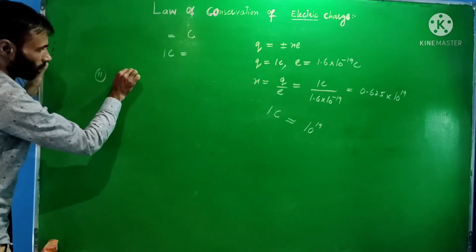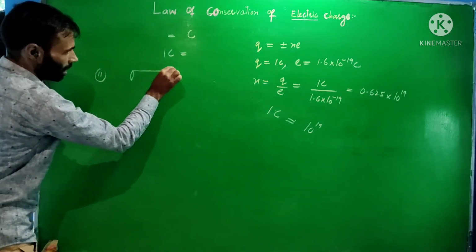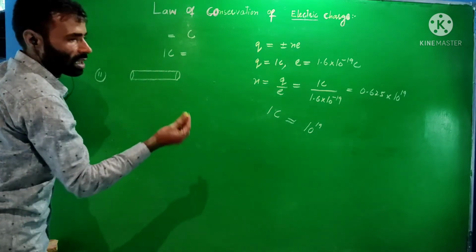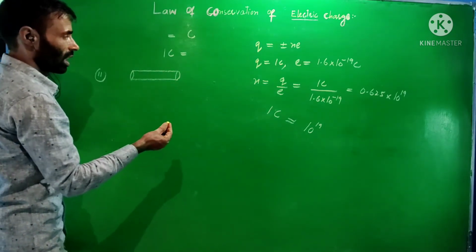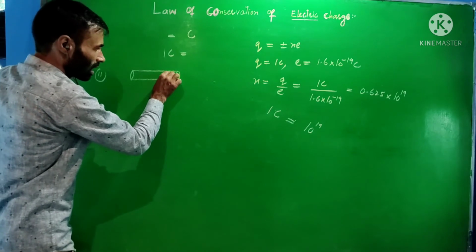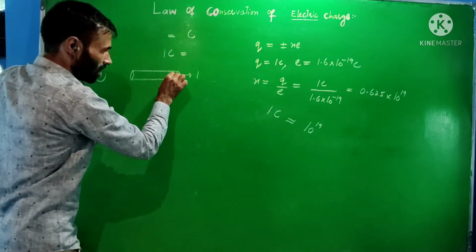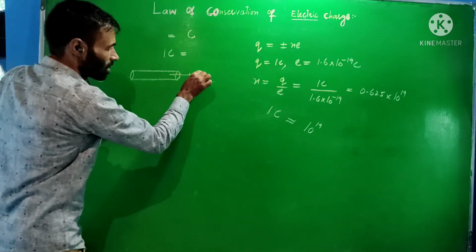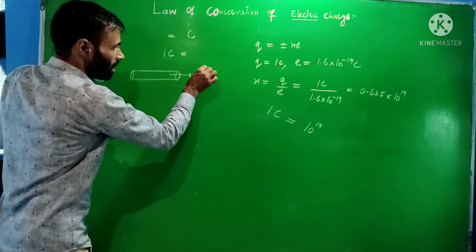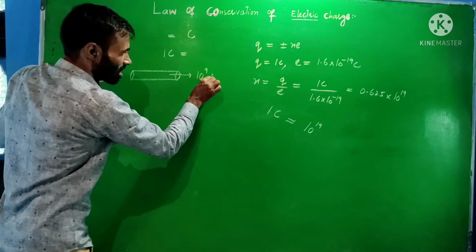Suppose we have a body that ejects electrons, that releases electrons, so electrons are transferred. Suppose the number of electrons ejected by this body is equal to 10 raised to power 9 per second.